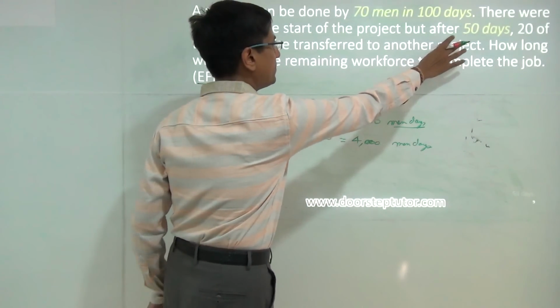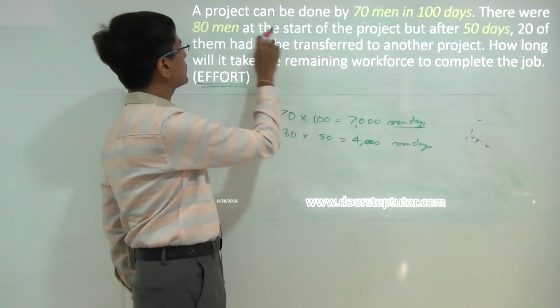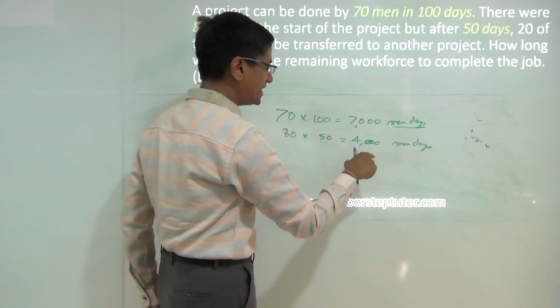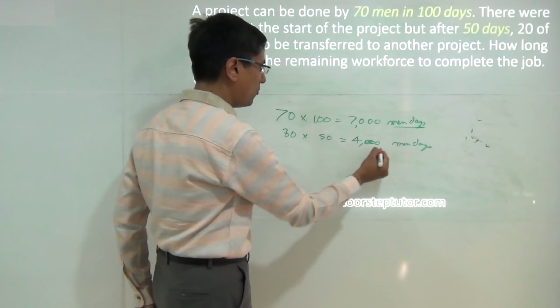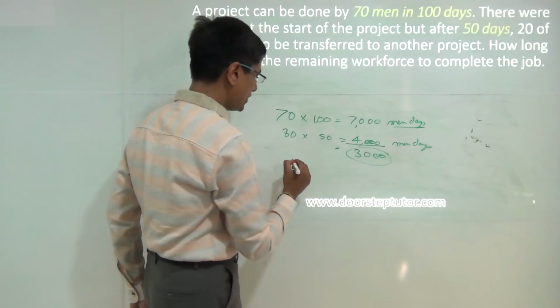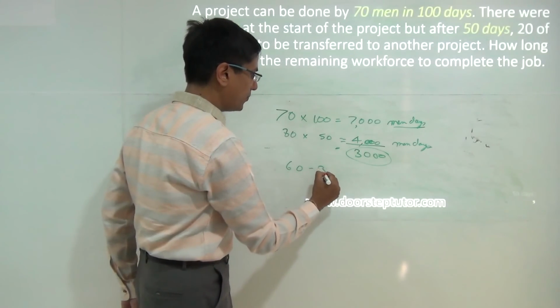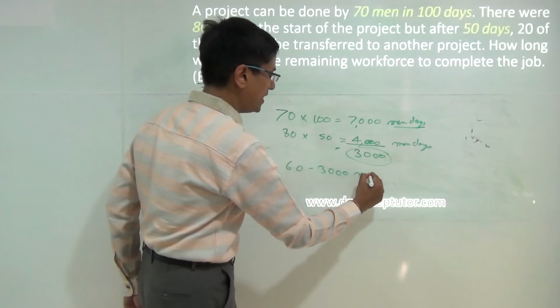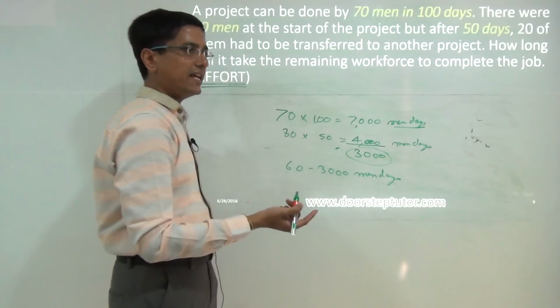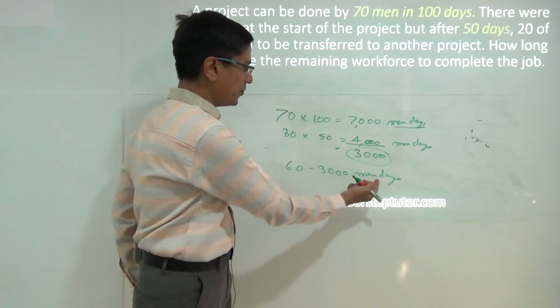Now 20 people left, so only 60 men are working on this project. These 60 men have to put in how much effort? 3,000. So 60 men have to put in 3,000 men days of effort to complete the project.